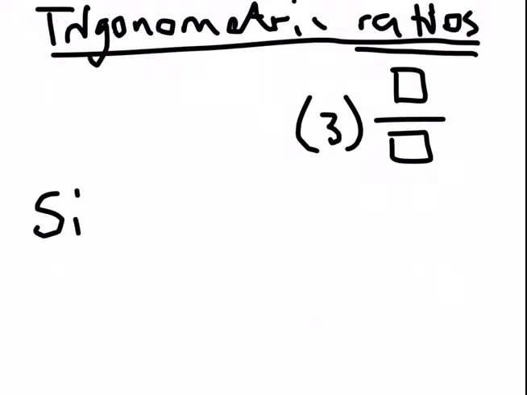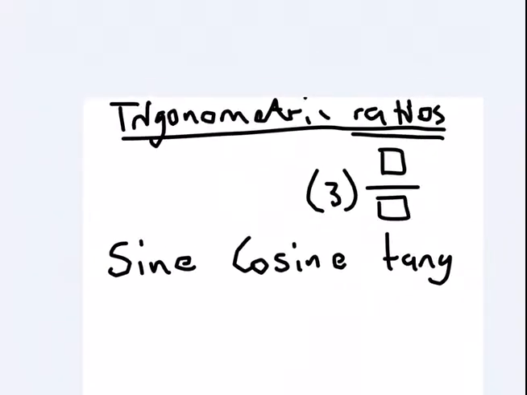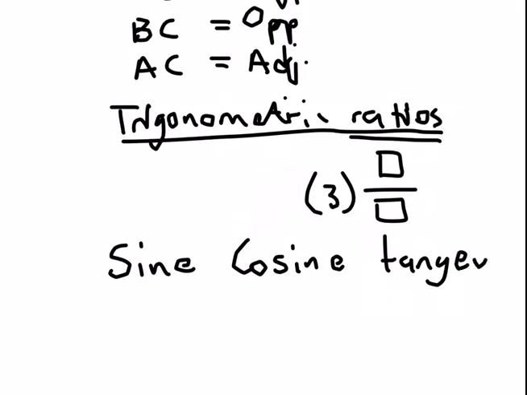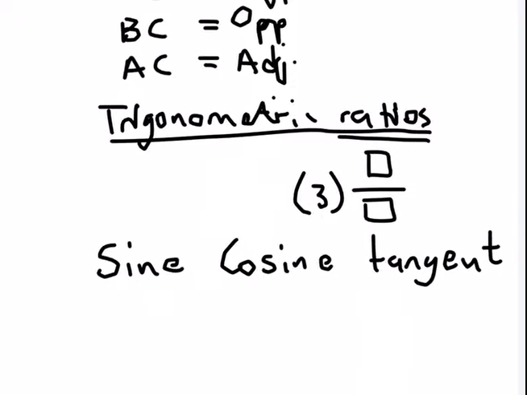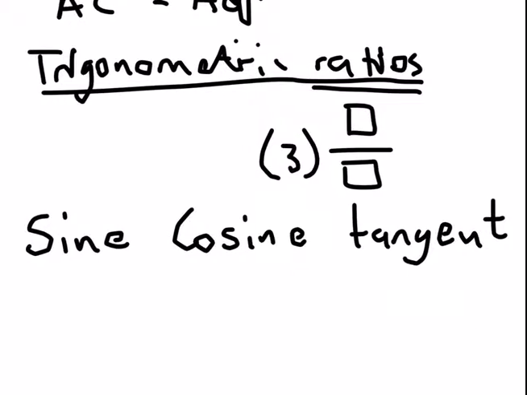Sine, cosine, and lastly tangent. I'm going to take my time explaining this because it is the most important part of this topic. Sine, cosine, and tangent.